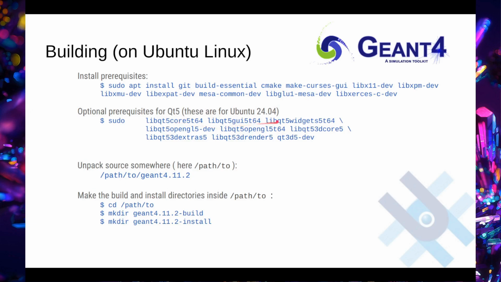Now, in the last video, I showed you how to look for these names in your own system, because these change a lot. So if you're using a different version of Ubuntu, or if you're using a different version of Linux altogether, you should follow the instructions that I showed you last time to search for the equivalent libraries on your version of Linux.